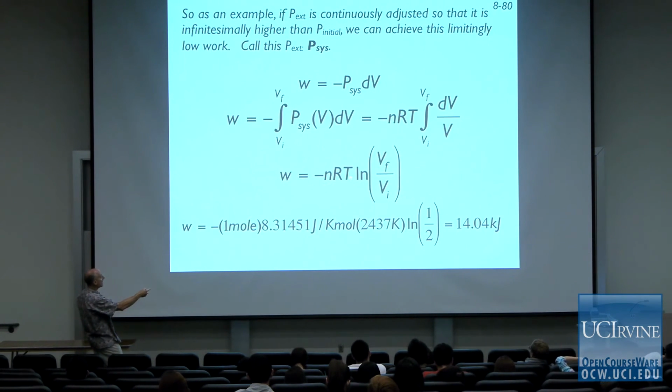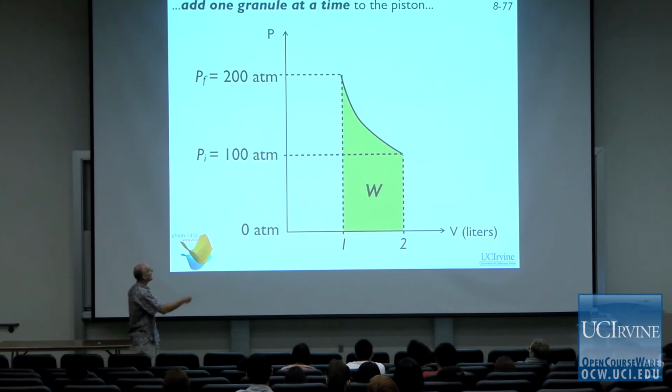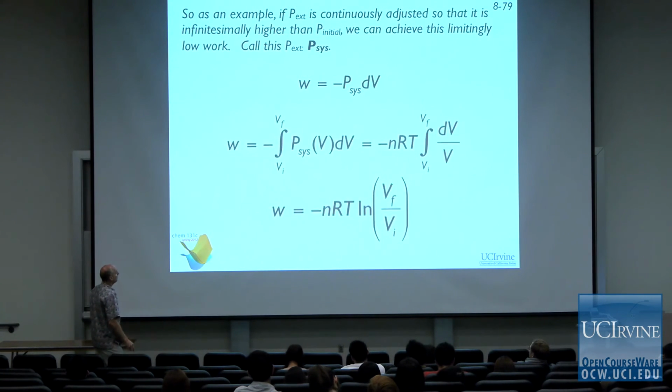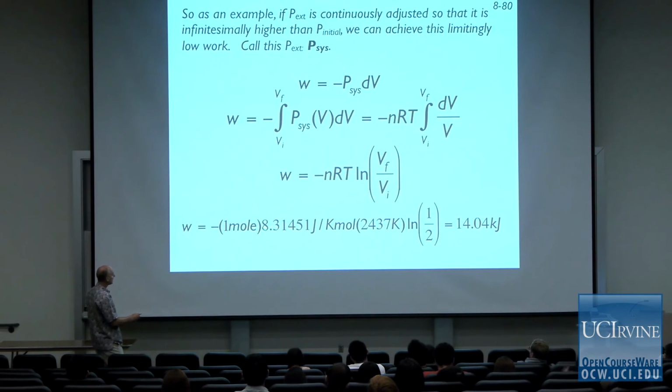And so now I can figure out how much area is under this curve. That's the total work that I did in this case. When I do that calculation, I got 1 mole times 8.31451 times 2,437 degrees Kelvin.